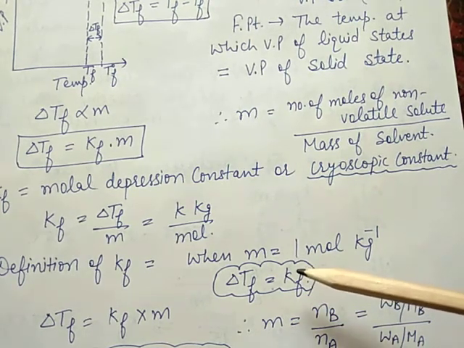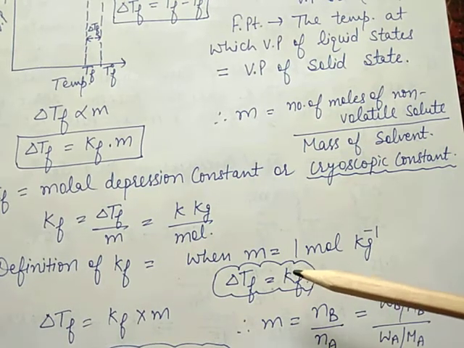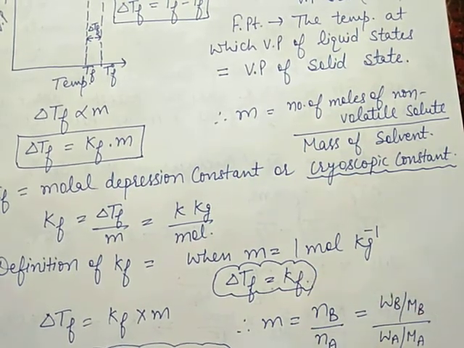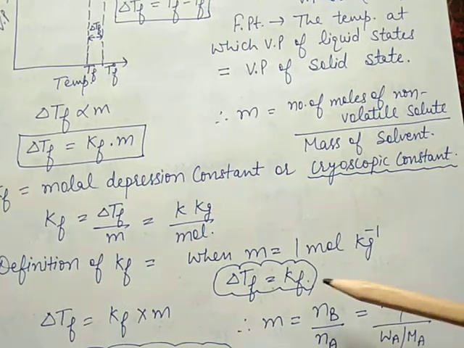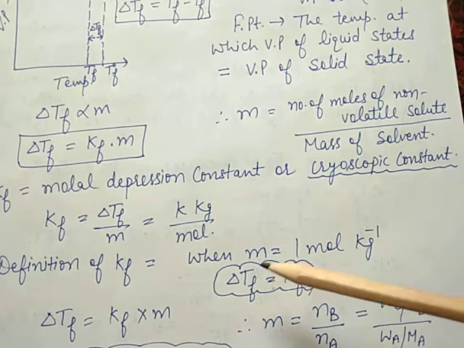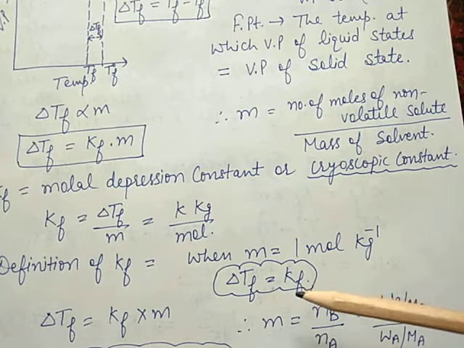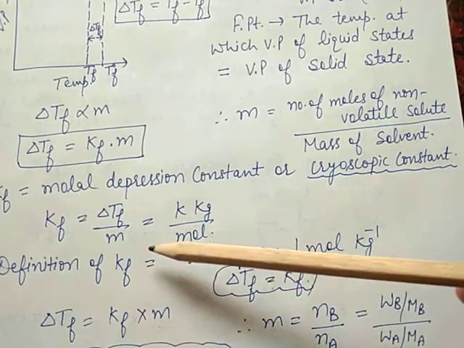It is defined as the depression in freezing point when 1 mole of non-volatile solute is dissolved in 1000 grams of solvent. This is the definition of Kf.